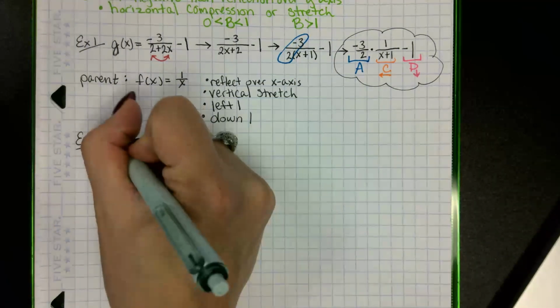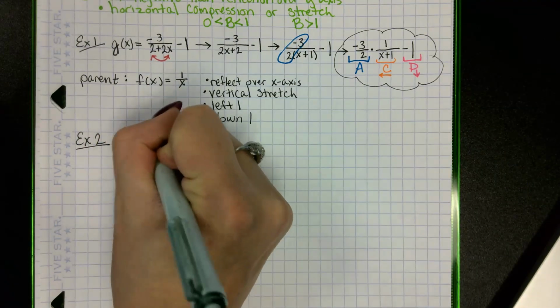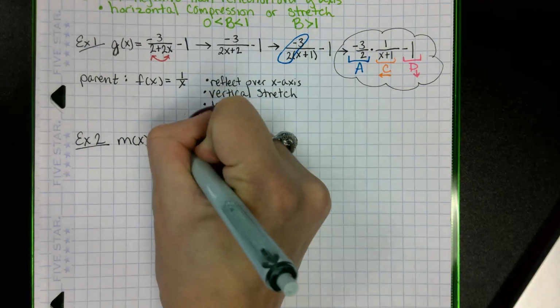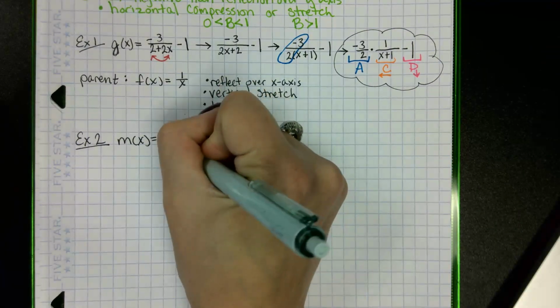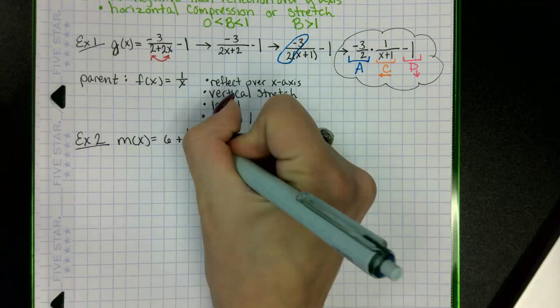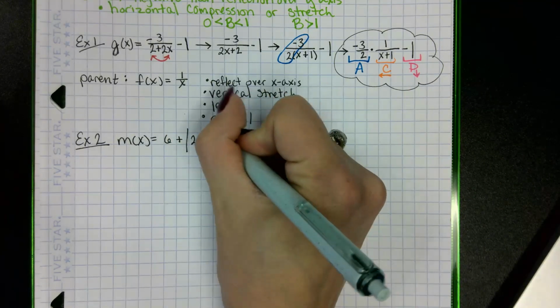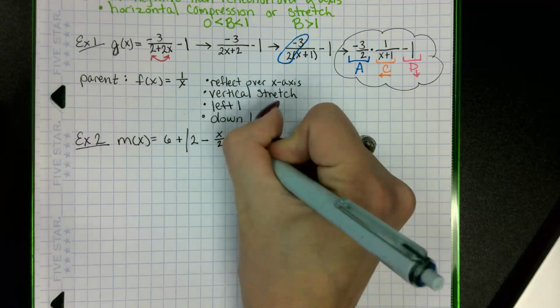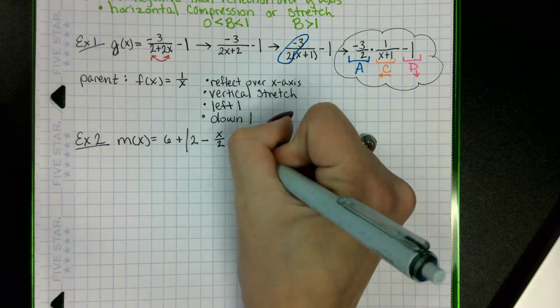This one, m of x equals 6 plus the absolute value of 2 minus x over 2 minus 7, close the absolute value.